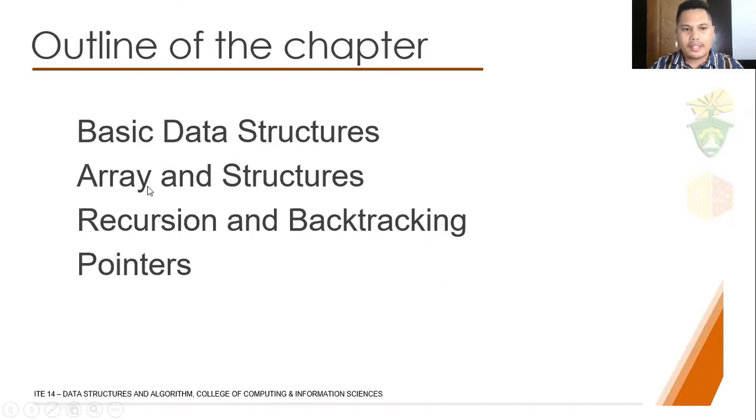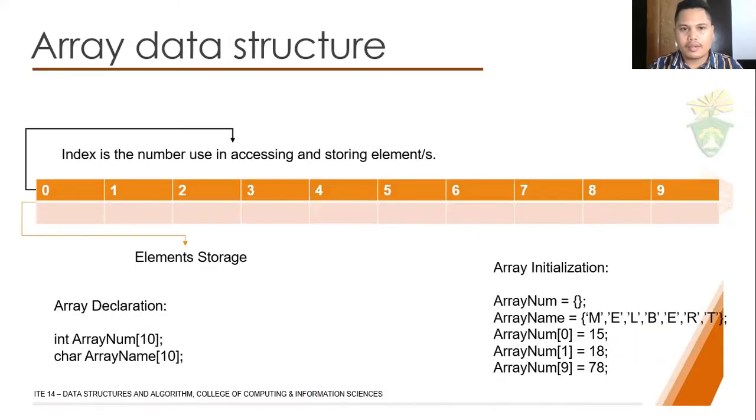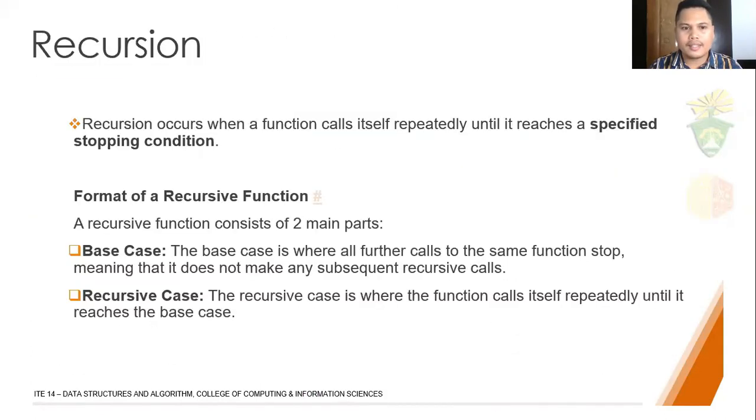We have arrays and structures. Before moving to structures, let's first talk about recursion and backtracking. Afterwards, we'll be talking about structures and also pointers as our last topic for this review. So let's move to our recursion slides.